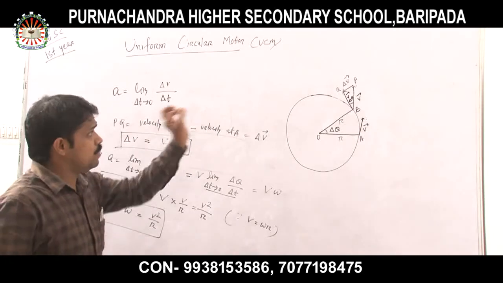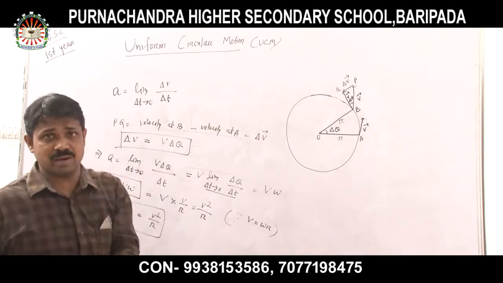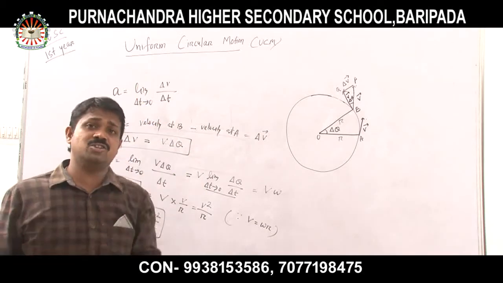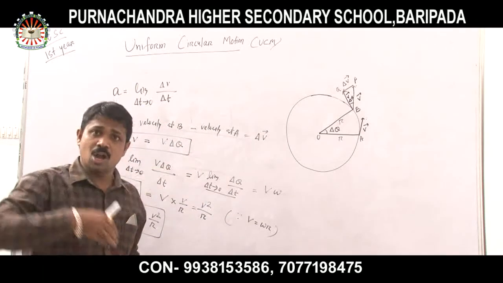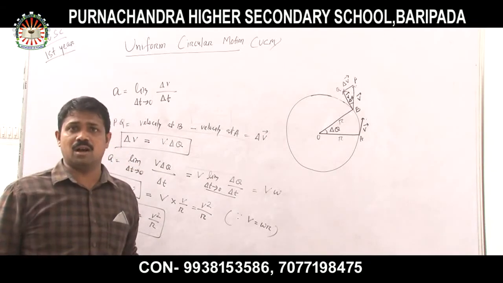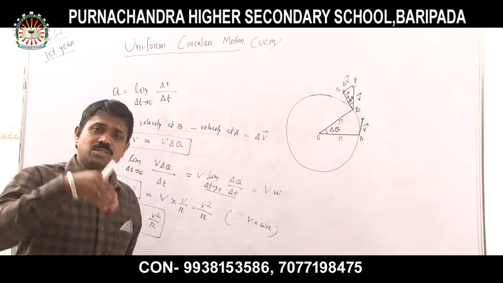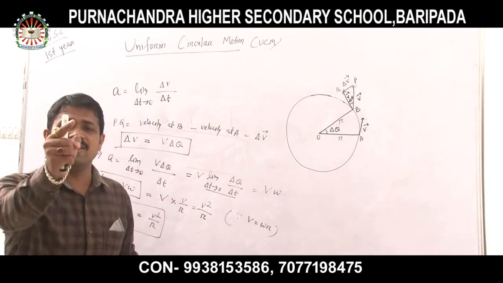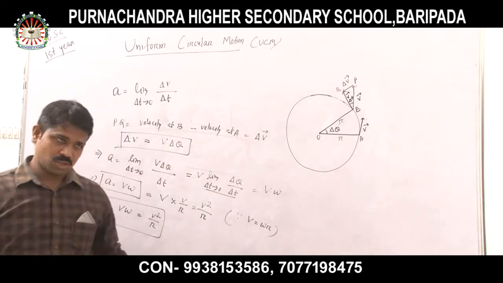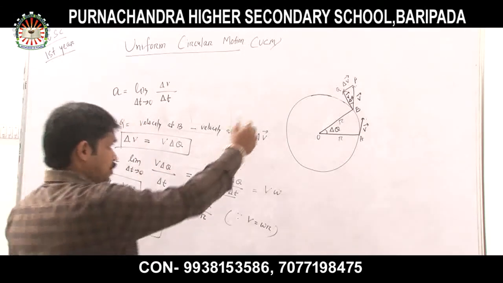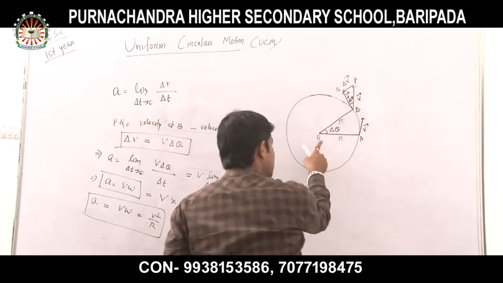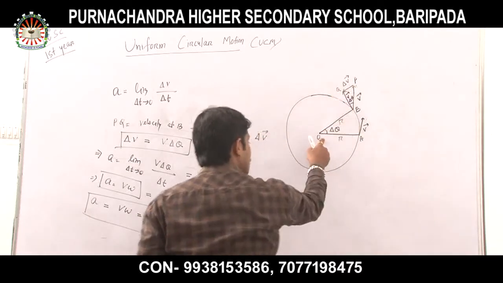So that type of acceleration, listen very carefully, that type of acceleration which is radial in nature, along the radius, towards the center of the circle, towards the center of the circular path, is called your centripetal acceleration. Because all of you look at the figure, the direction of del V is towards the center.